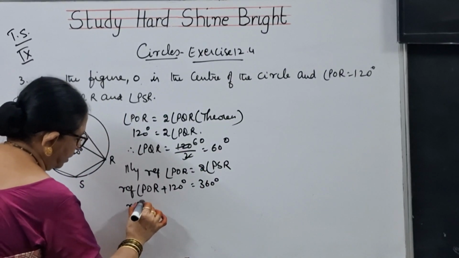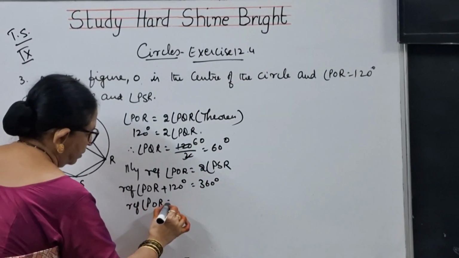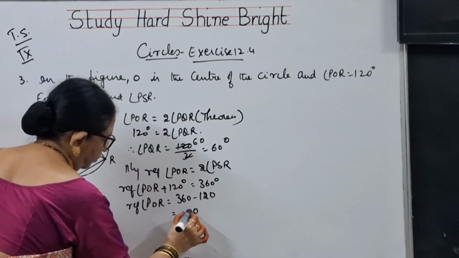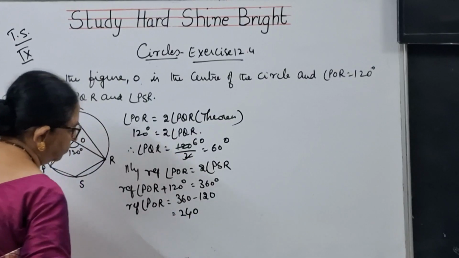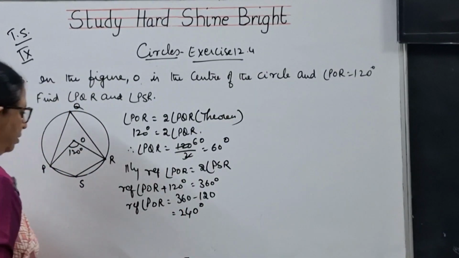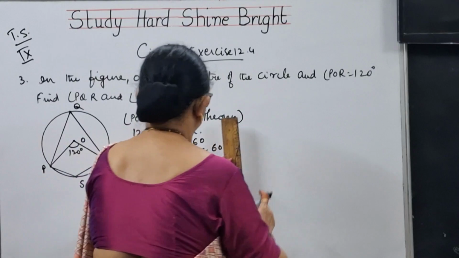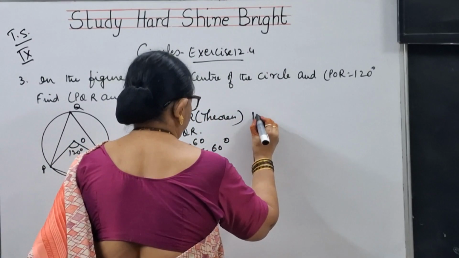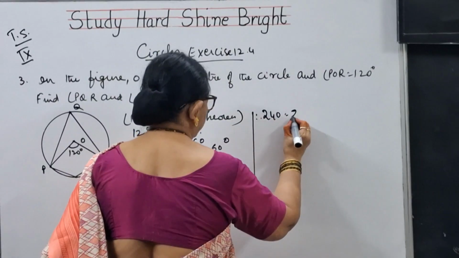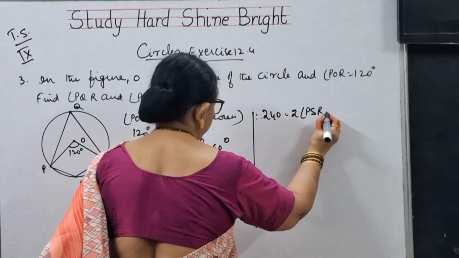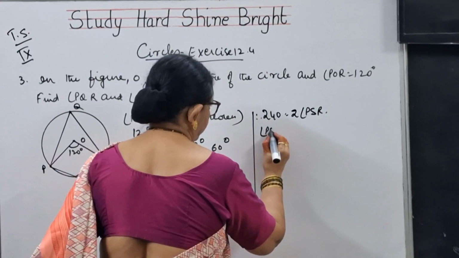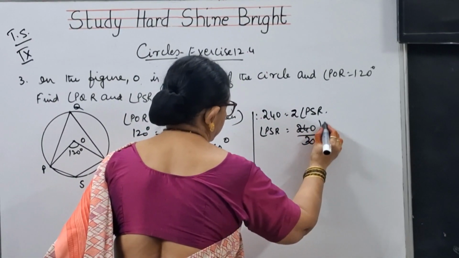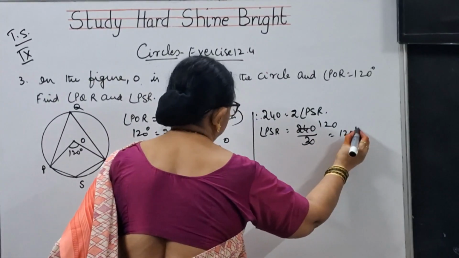So what is reflex angle POR? This is nothing but 360 minus 120, that is 240 degrees. Therefore, 240 degrees is equal to 2 times of angle PSR. So angle PSR is equal to 240 by 2, that is 120 degrees.